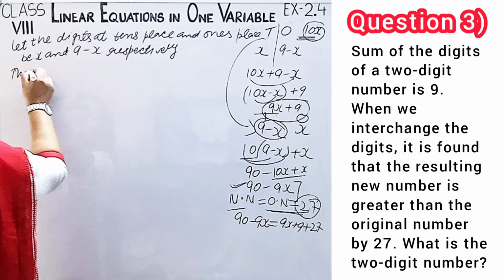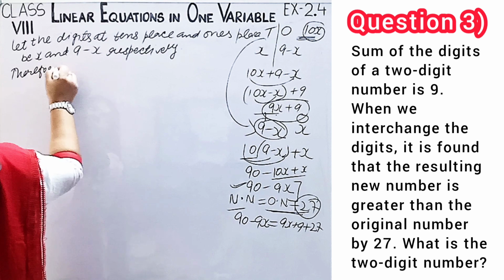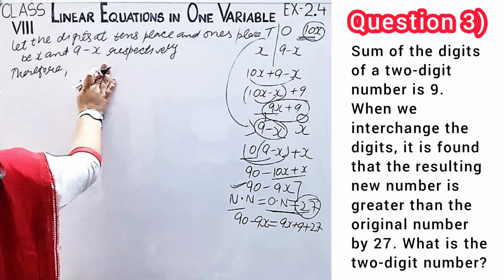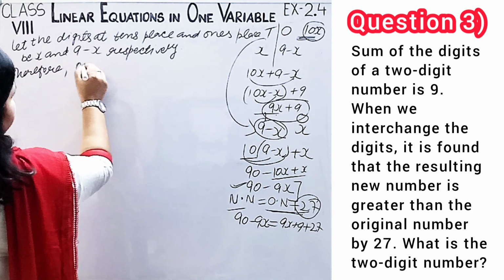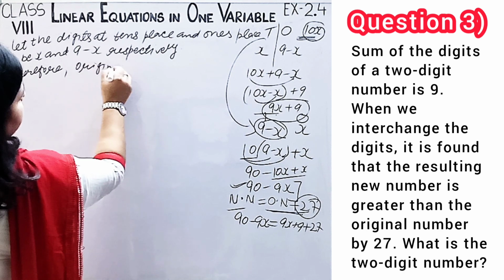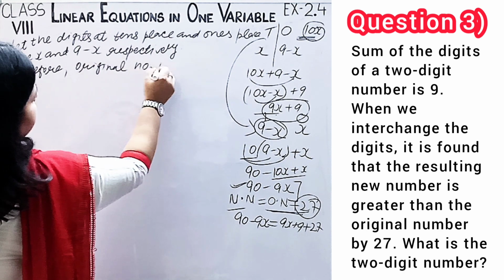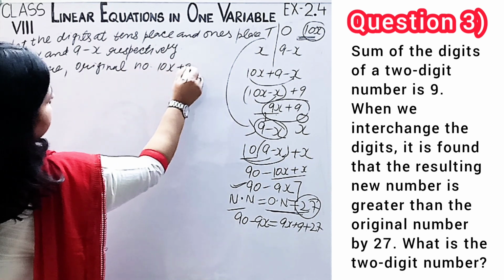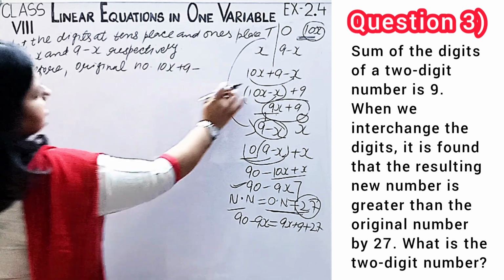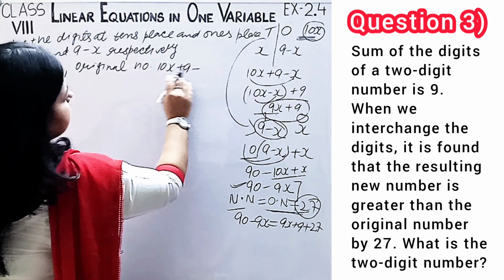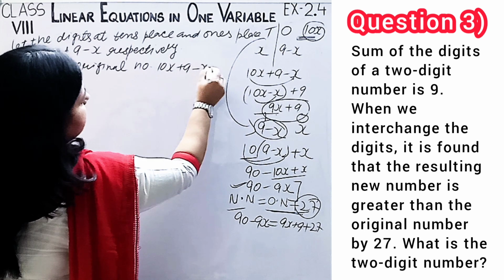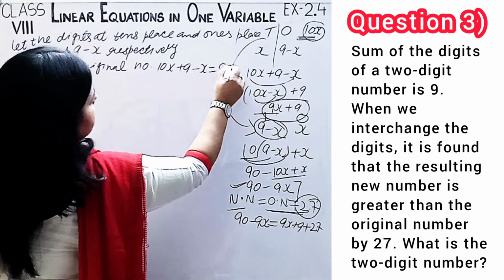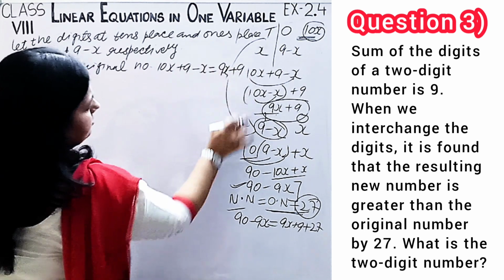Therefore, the original number is (10x plus 9 minus x), which we have discussed here. 10x plus 9 minus x is equal to 9x plus 9. We have already solved this here.